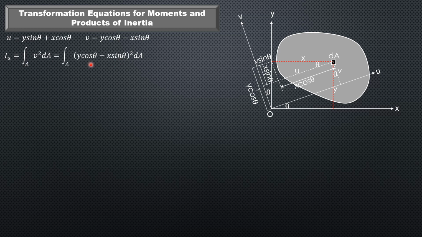Then the middle term is negative 2 sine theta cosine theta, then the integral of xy dA, which is the product of inertia Pxy. Then the last term is sine squared theta times the integral of x squared dA, which is Iy.